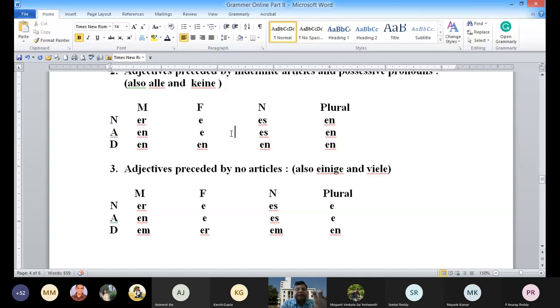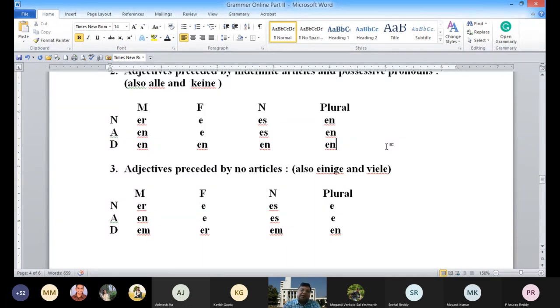In fact, the pattern, if you remember a little bit, will be der, die, das, the same one: der, die, das, den, die, das. And there it was dem, der, dem, but here in the dative it is different, it is en.